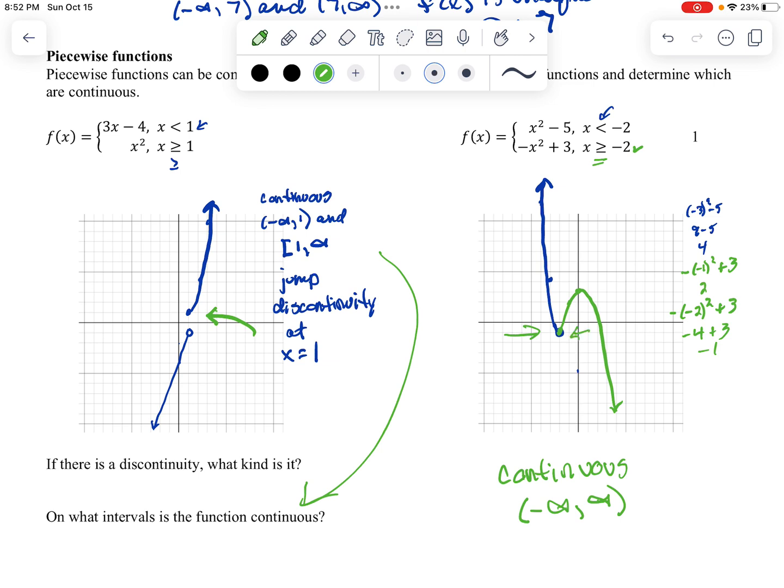And the only point really in question is this one here, because we know it's pretty much continuous at every other point. And third of all, there's no hole. While there was a hole there initially from the left side, we filled in that hole with the definition from the right side. So there's no jumps, there's no holes, there's no infinite discontinuities. It's continuous over the whole interval.